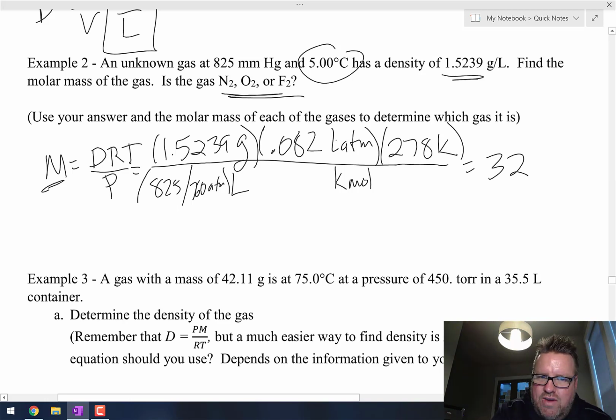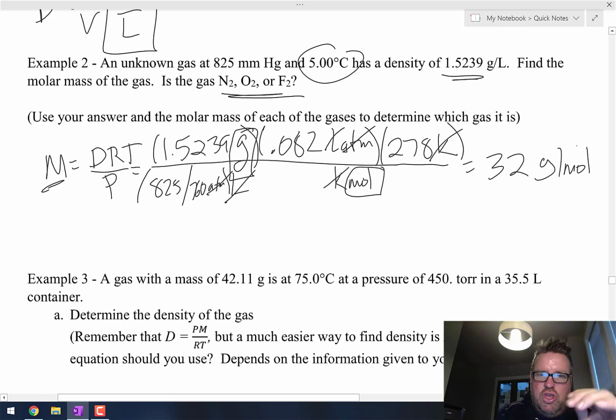Let's see if that's correct. I've got a liter and a liter here, an atmosphere and an atmosphere, a Kelvin and a Kelvin. Again, if you have it set up correctly and you're using your units, notice what's left: grams over moles. Units can be really, really helpful in making sure you have it set up correctly.